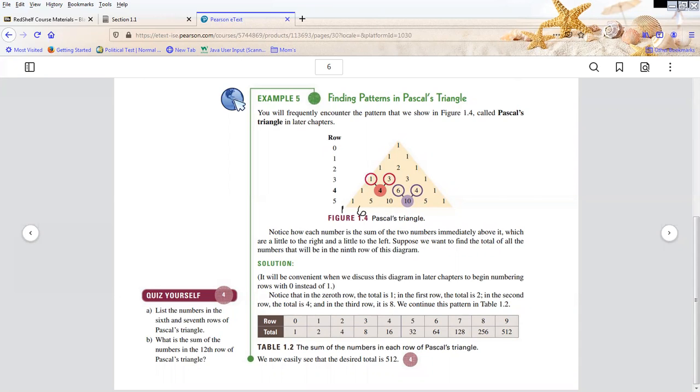Now add the 5 and the 10 to get 15. Add the 10 plus 10 to get a 20. The 10 plus 5 is a 15. The 5 plus 1 is a 6.